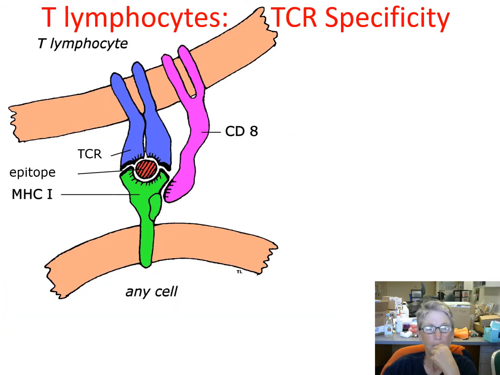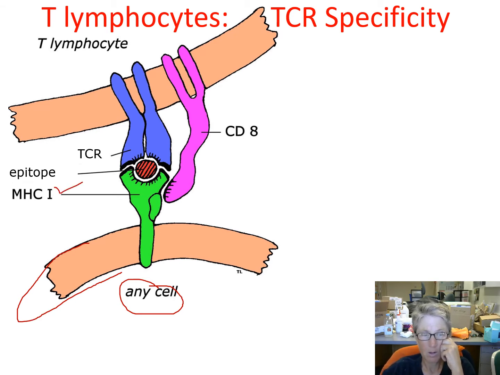All right, so let's take a look at this cartoon. Here's any cell. It probably should say any nucleated cell. Here's any nucleated cell's plasma membrane. Here's MHC1 from any cell. And what happened is this any cell was infected by some kind of pathogen. Let's say it's like a bacteria.